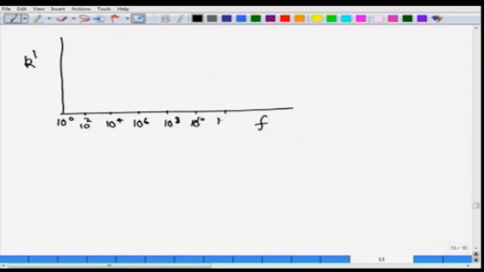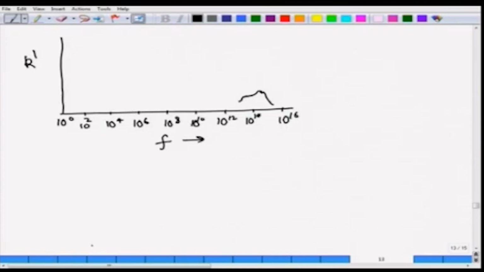This is log scale, and this is the frequency F. Then what we've said is up to 10 to the power 15, the electronic mechanism operates. This is the electronic mechanism.